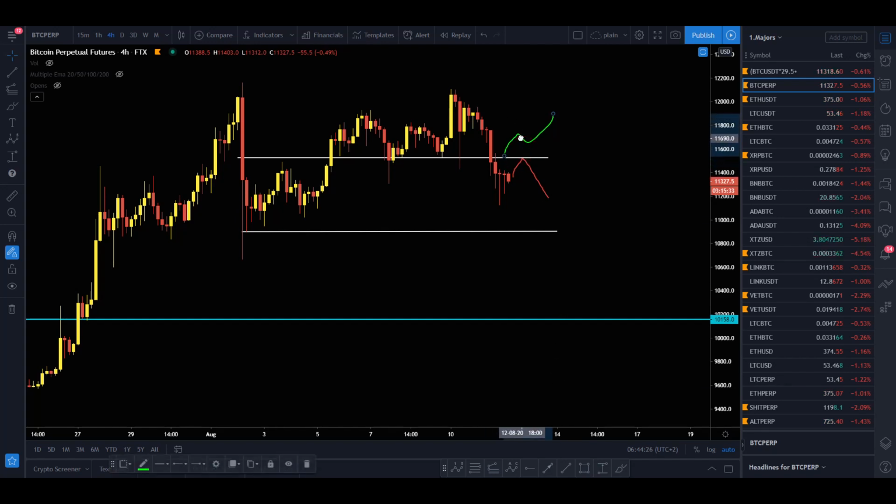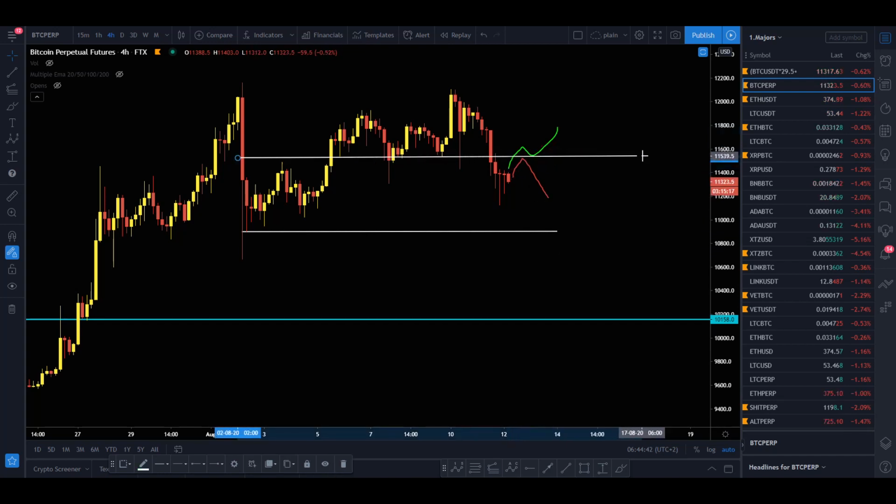Either we follow the green doodle and get a break of the range high, retest and going up, or we do get a bearish retest, and then more down. So as long as we are below this horizontal line, I would say risk for more downside.